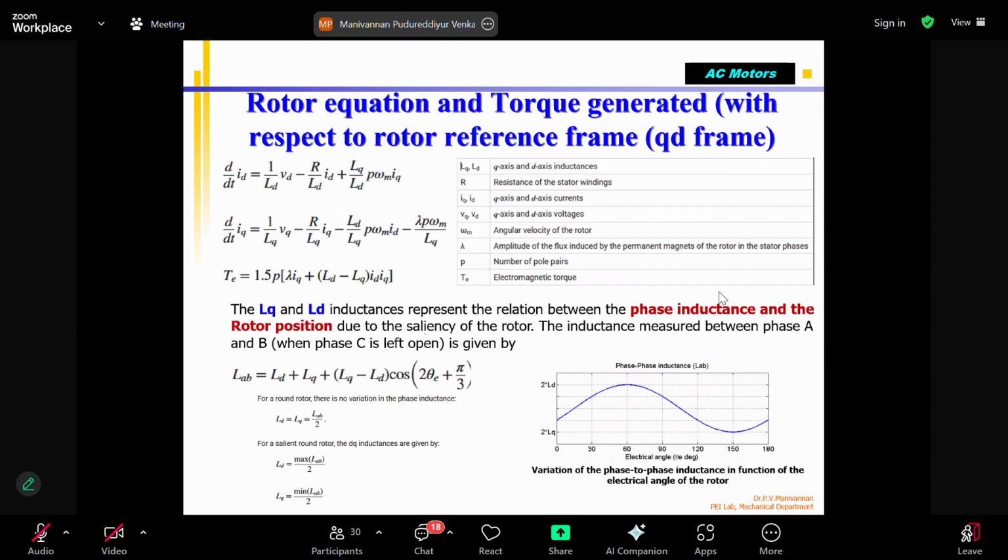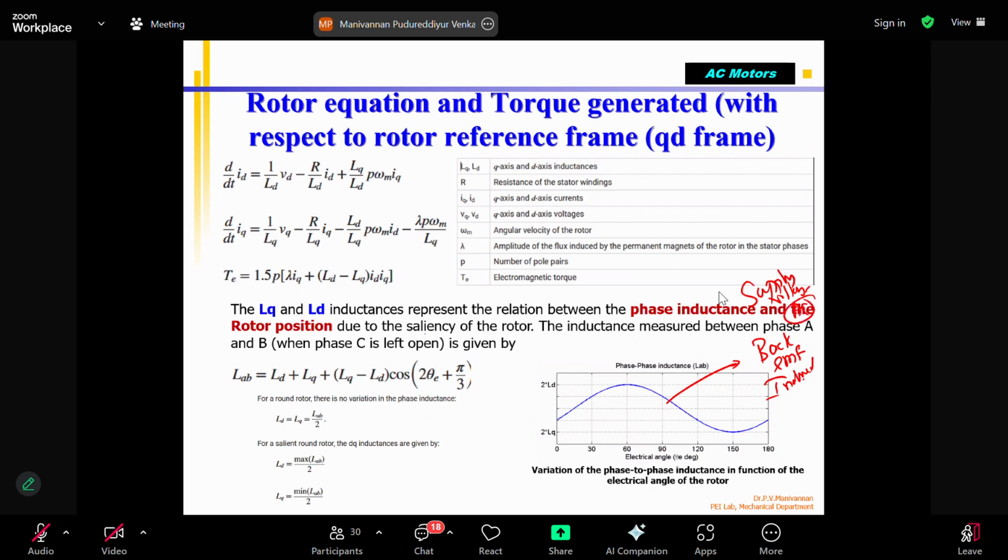We know that the induced voltage in the stator can be sinusoidal. The back EMF induced in the stator, and also the supply voltage, will be sinusoidal, AC sinusoidal.